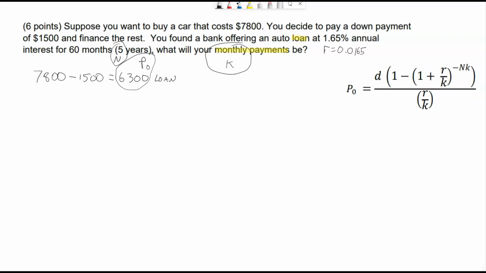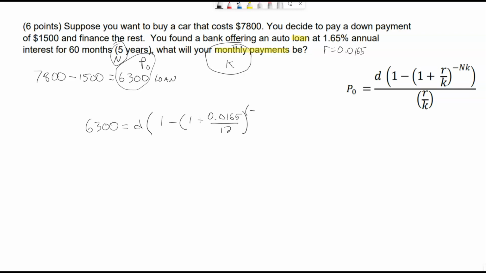Plugging this stuff in, we get 6,300 equals D parenthesis 1 minus parenthesis 1 plus the rate, which is 0.0165 divided by K, which is 12 times a year, to the parenthesis.